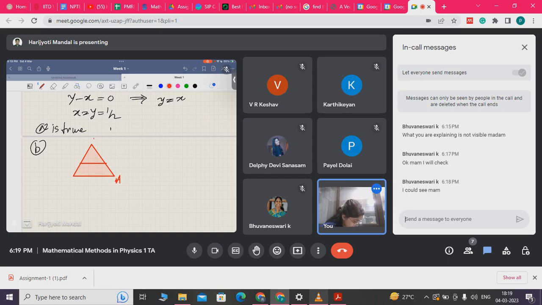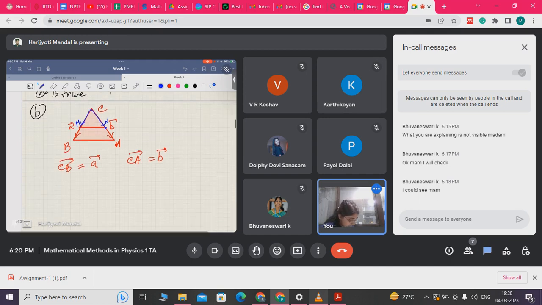So A, B, C. Let's draw like that, and CB is equal to A, CA equal to B. And this point is M, this point is N, CM is up to this point and CN is up to that point.